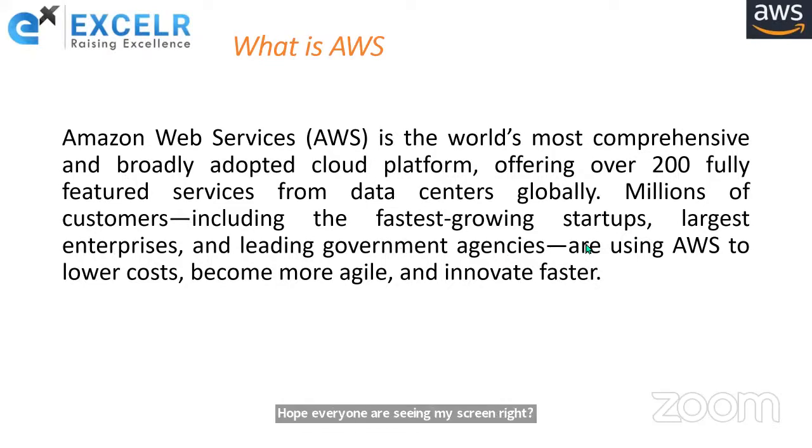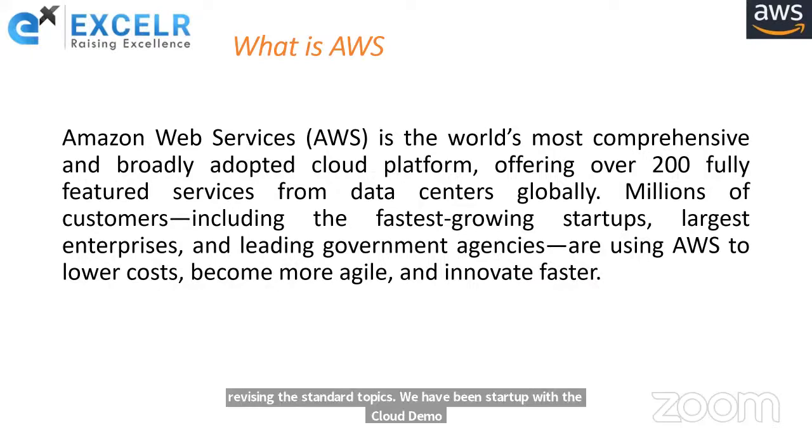All right. Revising yesterday's topics, we started with the cloud demo. We discussed cloud computing, its characteristics, advantages, and disadvantages. We learned about various types of cloud services and different types of hybrid models.